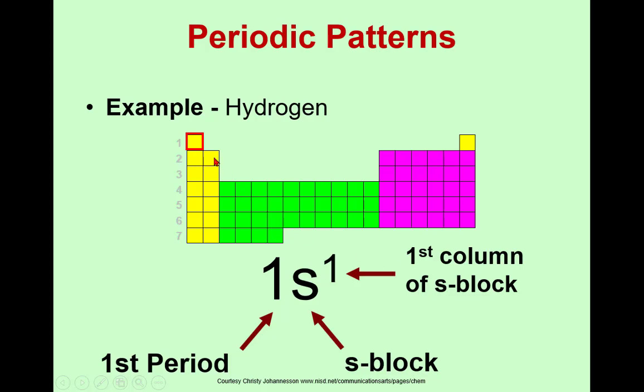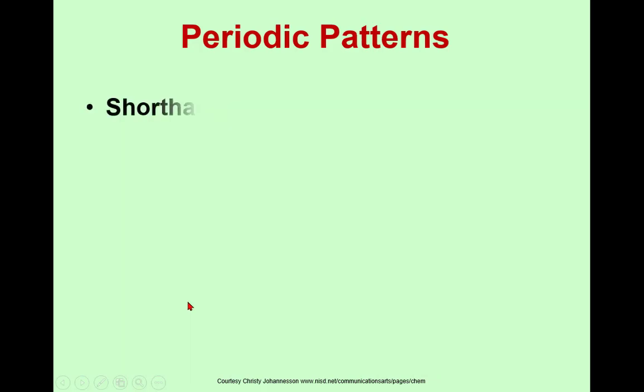As I told you earlier, the first group, the alkali metals, all have ending electronic configuration on s1. So that is the first column or first group of the s block elements. For example, there is sodium and there is magnesium. Magnesium has ending electrons s2. So from this we get the information.